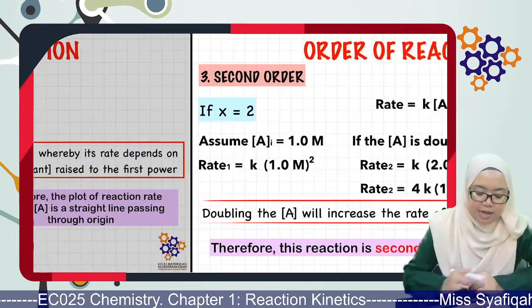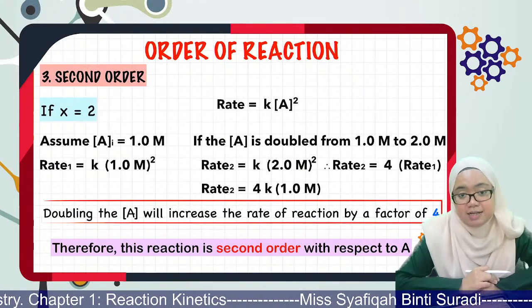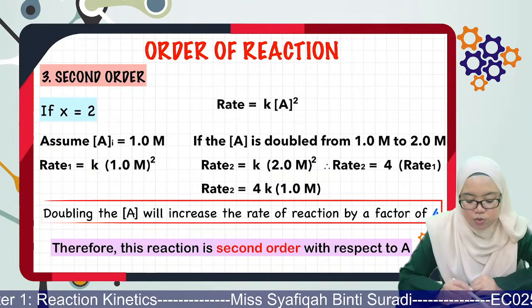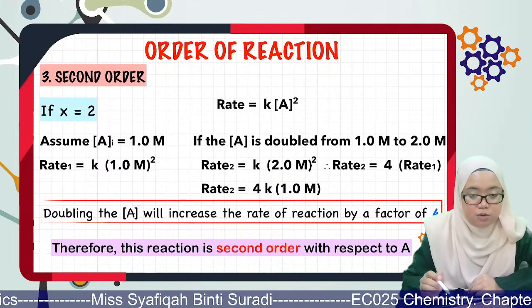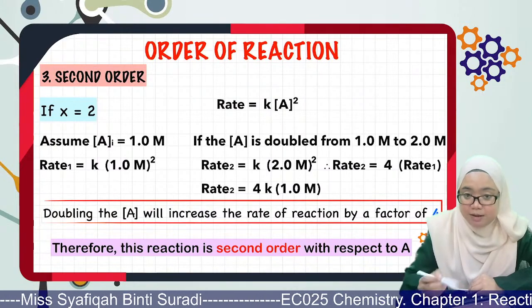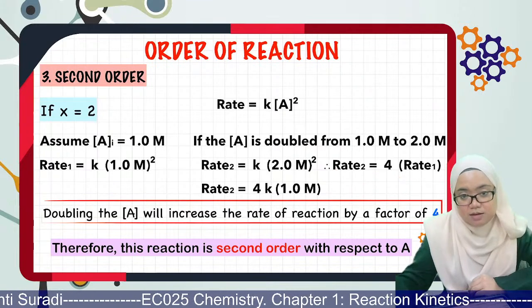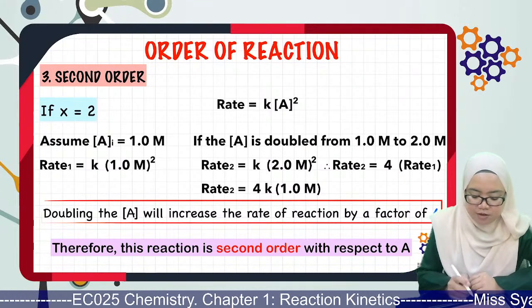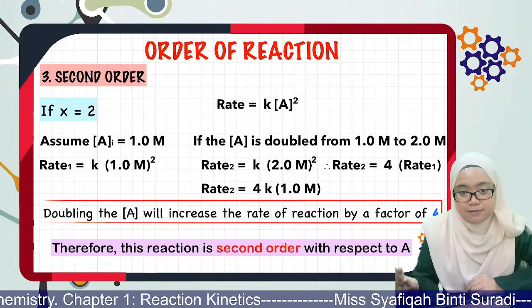Okay, and last but not least, we have our second order. So for second order, this is our rate law. Rate equals to K times A to the power of 2. So if we double our concentration, our rate will increase 4 times. Okay, so doubling the concentration will increase the rate of reaction by a factor of 4.